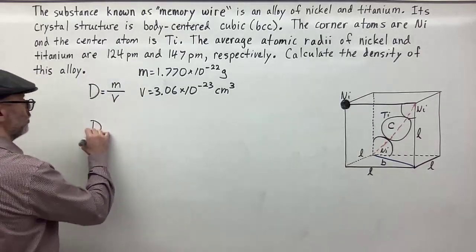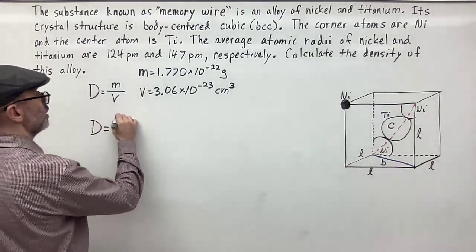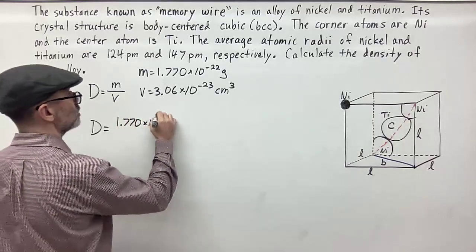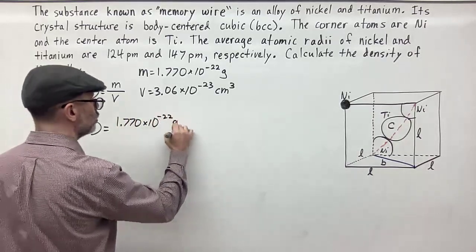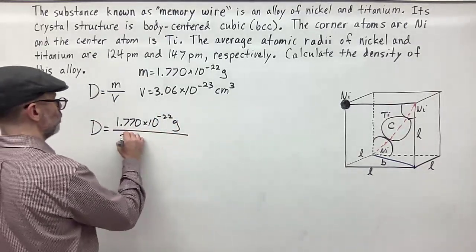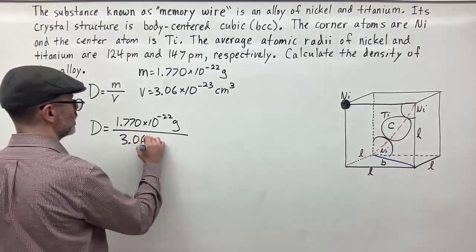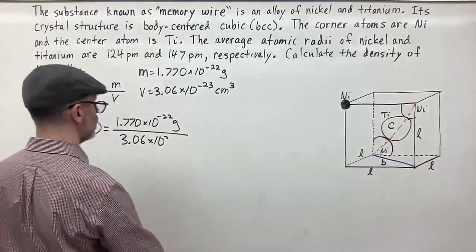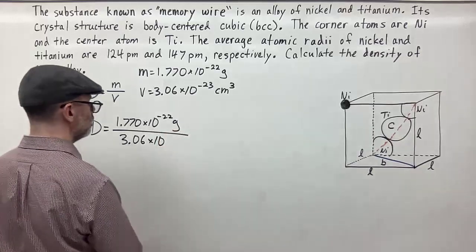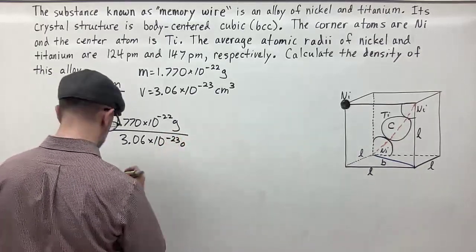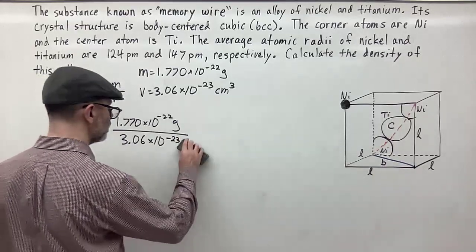The density is equal to the mass, which is 1.770 times 10 to the negative 22 grams, divided by the volume, which is 3.06 times 10 to the negative 23 centimeters cubed.